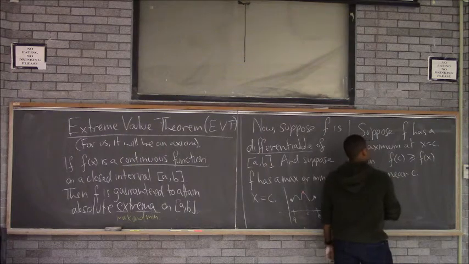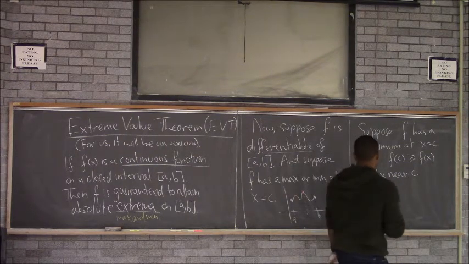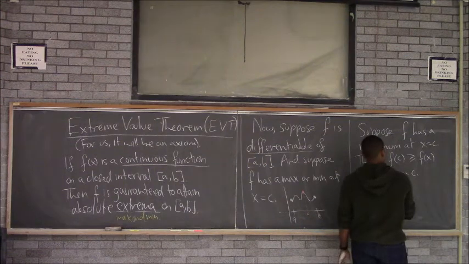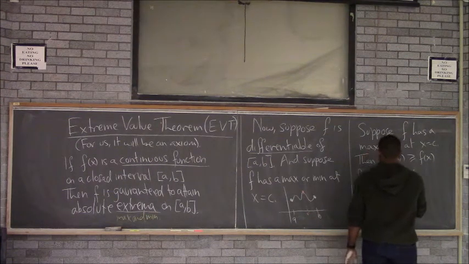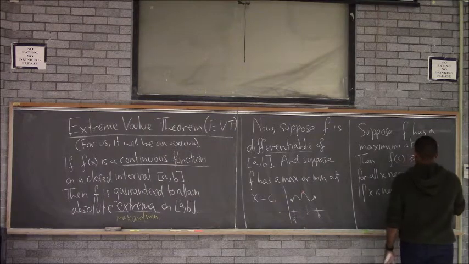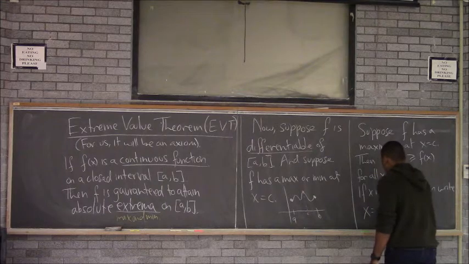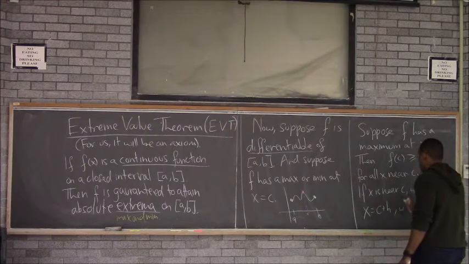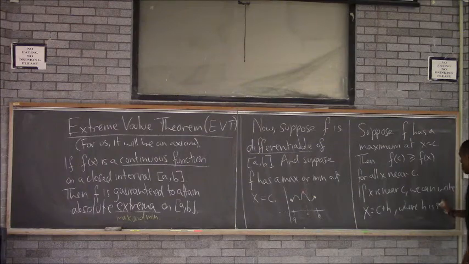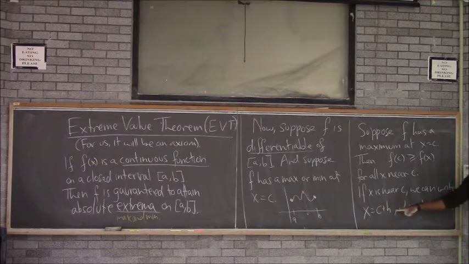Now, to be very suggestive, I'm going to write x in a certain way. If x is near c, we can write x is equal to c plus h, where h is small. Right? So if you're close to c, it means that you're c plus or minus a little bit. Take c, you add a little bit or subtract a little bit, that gives you the point x, which is super close. h is a very small number.